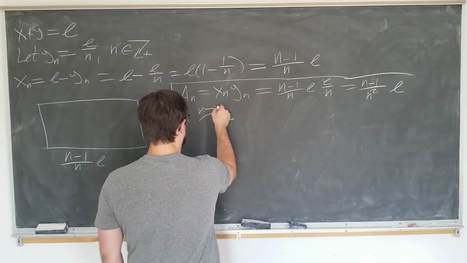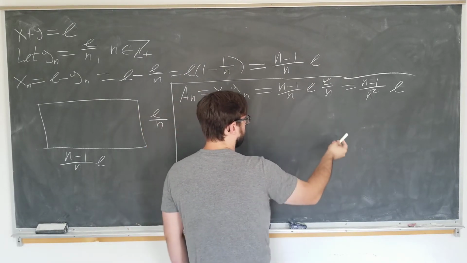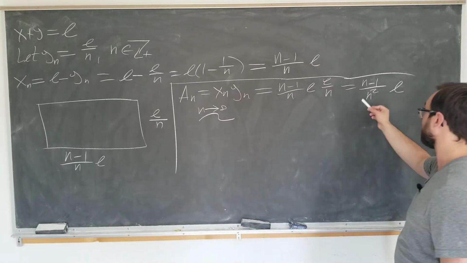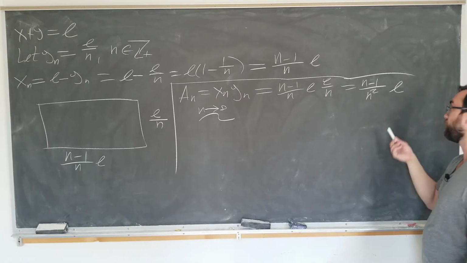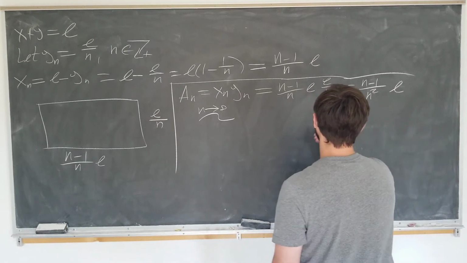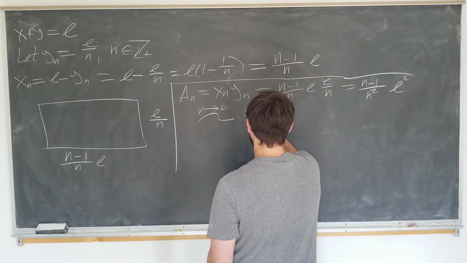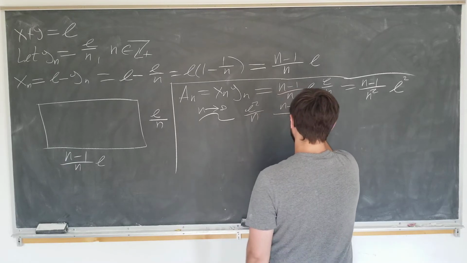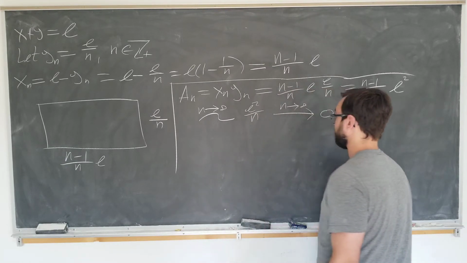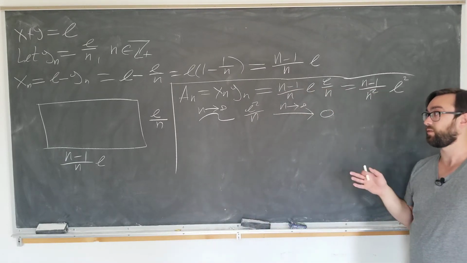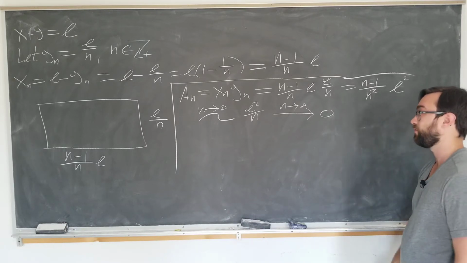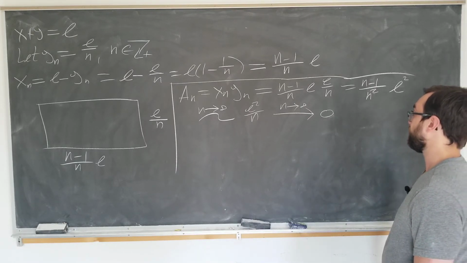As n goes to infinity, we can ignore the 1 here, so it just becomes n over n squared, which is just 1 over n. Oh, sorry, L squared. This is approximately L squared over n, which obviously goes to 0 as n goes to infinity. So just with the integers indexing to infinity, we can certainly see that it's equal to 0.